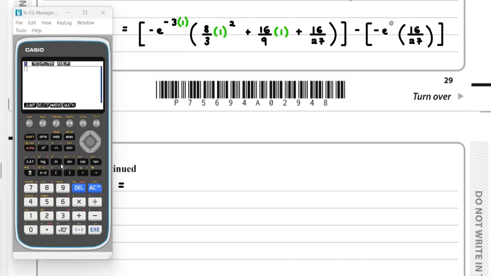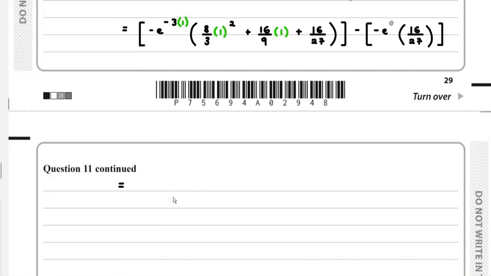So let's work out this bracket. I have 8/3 multiplied by 1 plus 16/9 multiplied by 1 plus 16/27. That's 136/27. And then I'm multiplying that by minus 1.